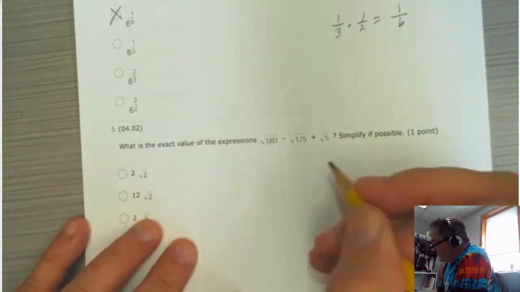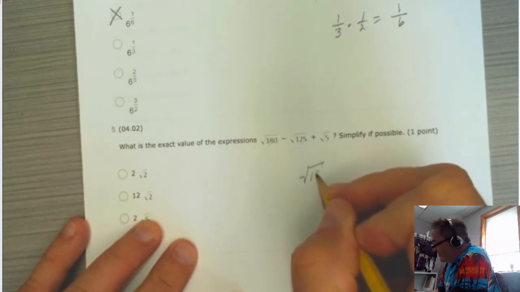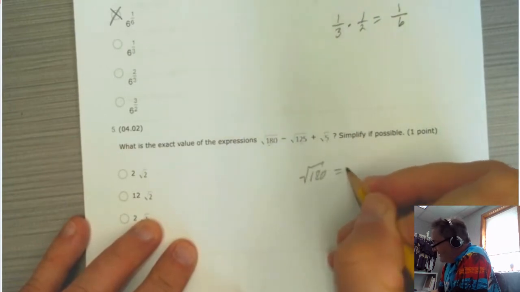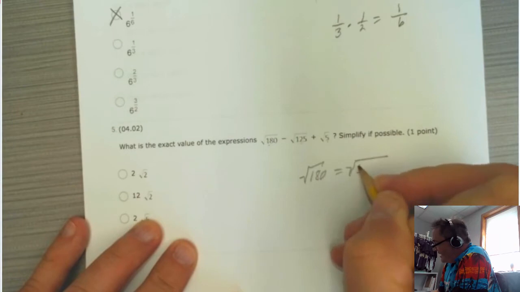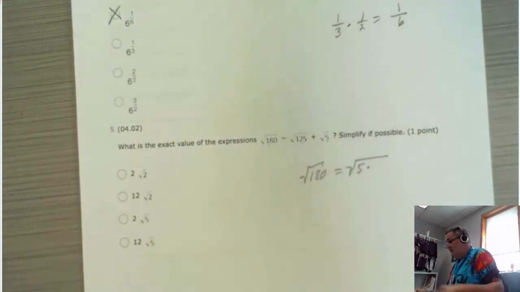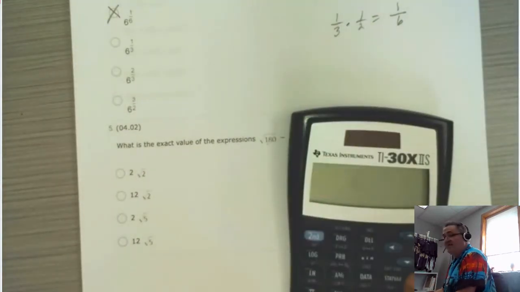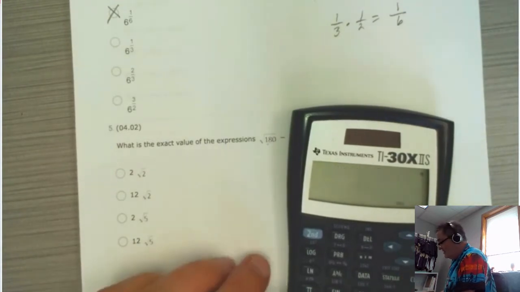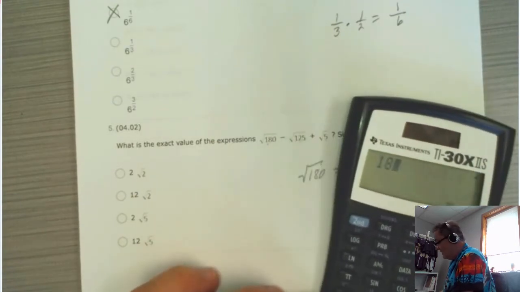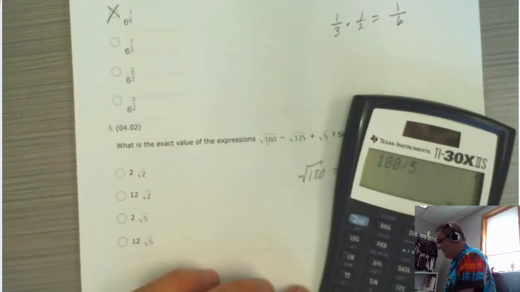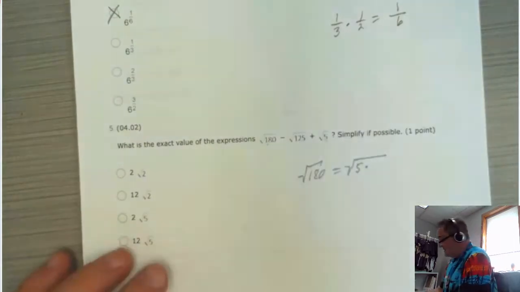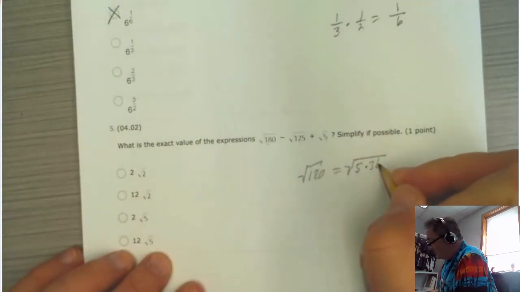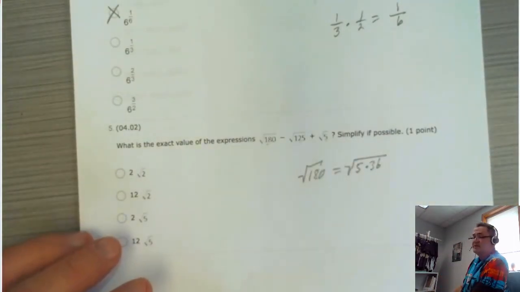So let's look at the square root of 180. That is the same as the square root of 5 times something, and we can look at that because if we divide 180 by 5, we know it goes into 180 because it ends in 0. Anything that ends in a 5 or a 0 is a multiple of 5. So 180 divided by 5 is 36. So this is the same thing as the square root of 5 times 36.